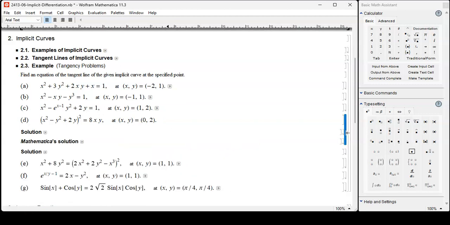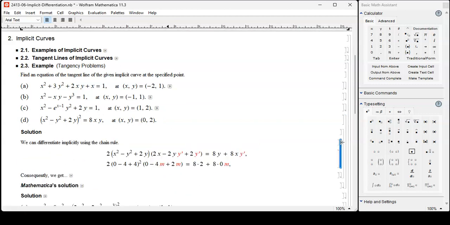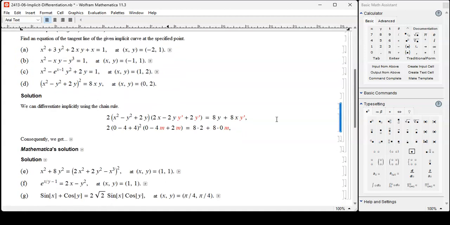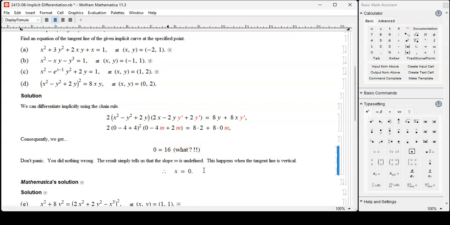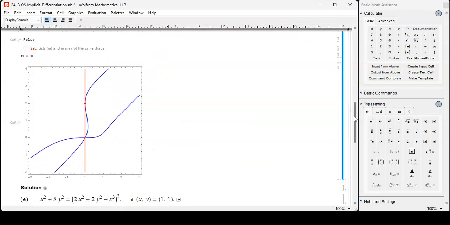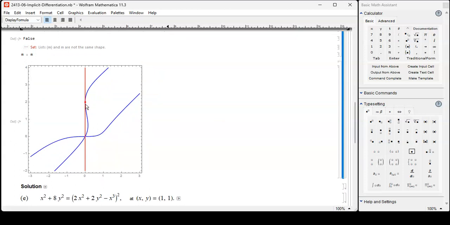Let's see. Okay. Chain rule, plug in the value, we get 0 equal to 16, same answer as before. Therefore, m is undefined. It must be a vertical line. If you plot it, you'll see we have a curve like this, and the point 0, 2 is here, and we have a vertical line.